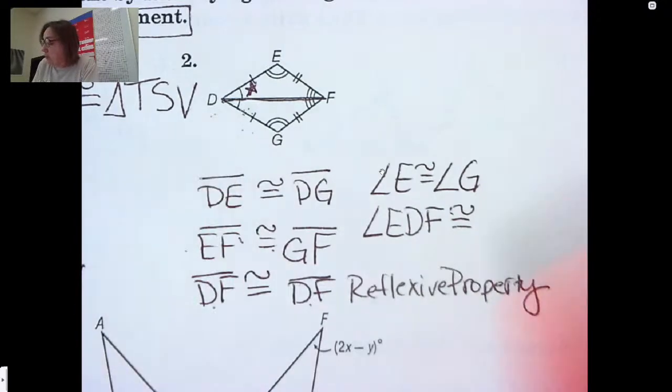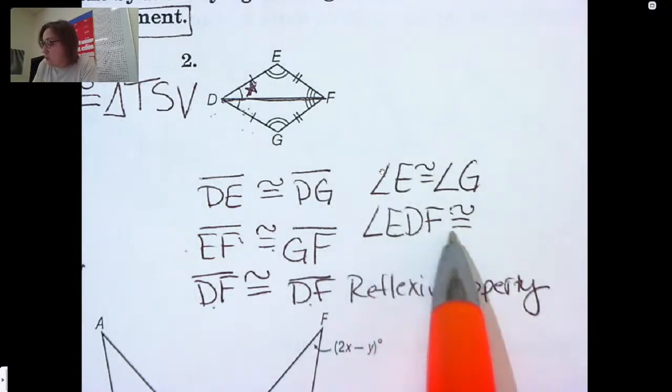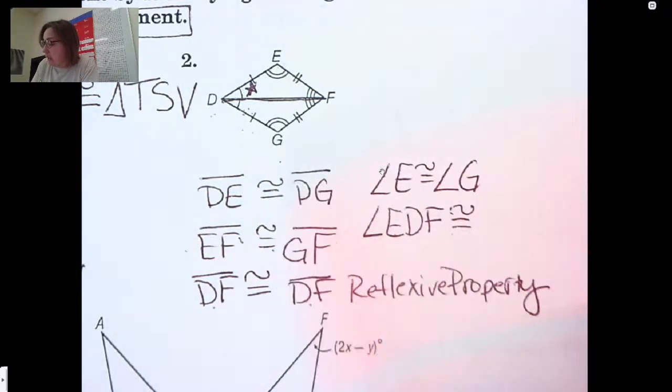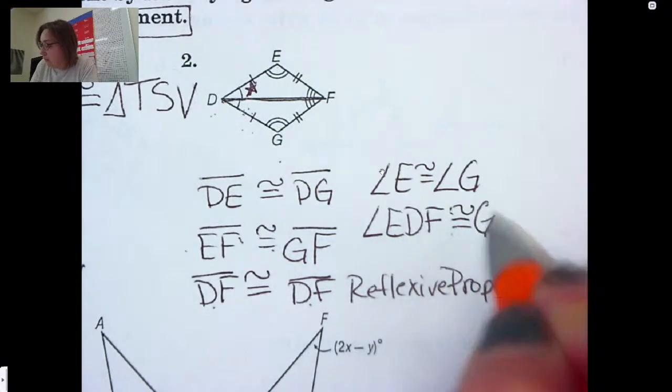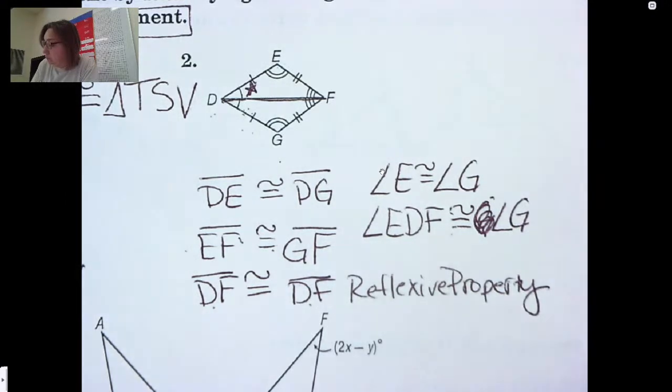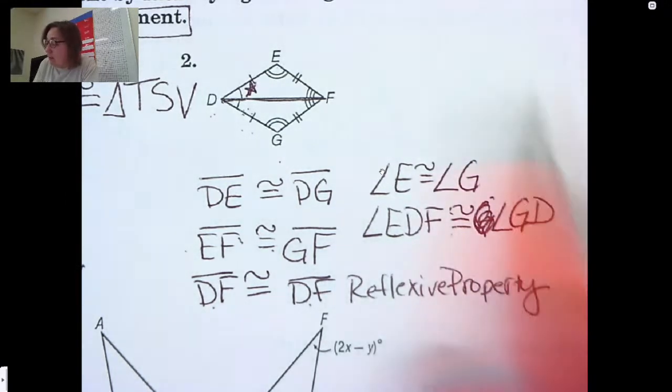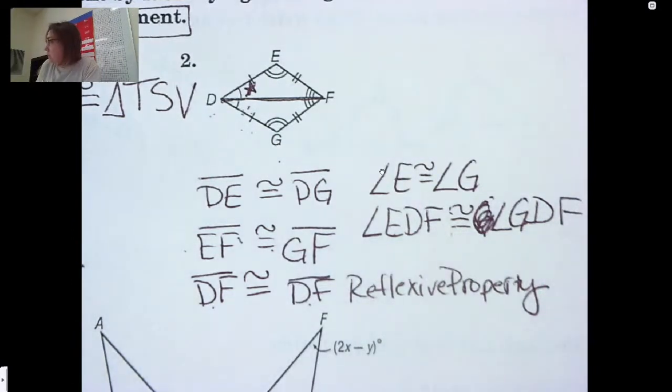We're going to line it up the same way this one's lined up. So E and G are corresponding. We're going to put the G there. Oh, I forgot my angle symbol. My bad. Angle EDG. D has to be in the middle because D is the vertex. F. Y'all see how that works?